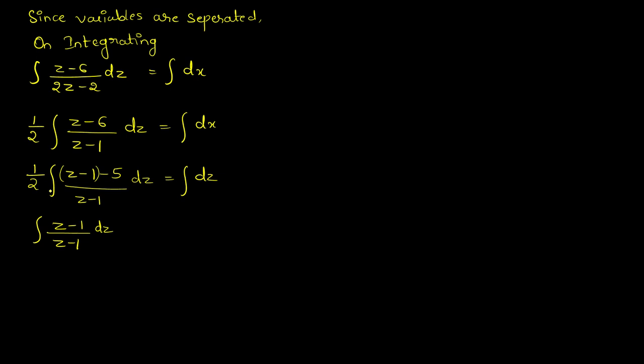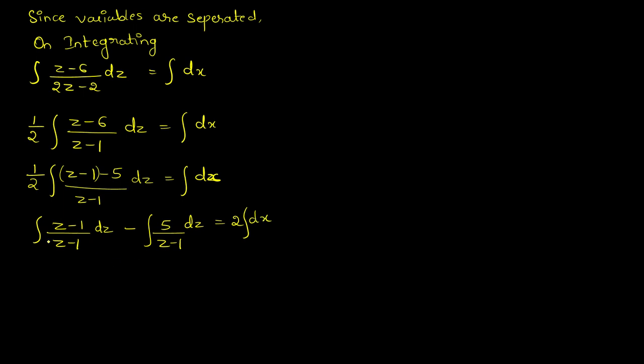I'm taking integration separately for both of these terms. So I've taken this term minus integral of 5 divided by (z minus 1) dz, and that's equal to, sorry, I try to write this as dx here. This 2 goes on the other side, so it becomes 2 integration of dx.